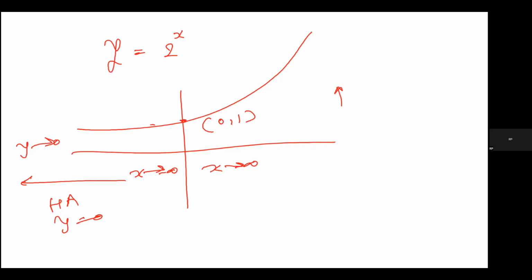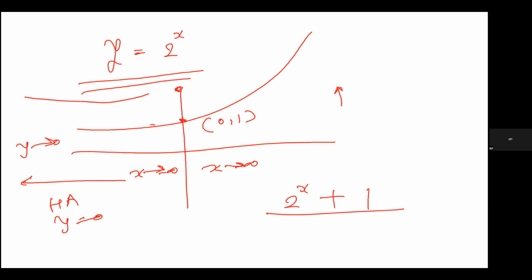And you can have different transformation functions. Say if your graph is moved up 1 unit, then this is your new graph. This is the graph of your transformed function, y equals 2 to the power x plus 1.